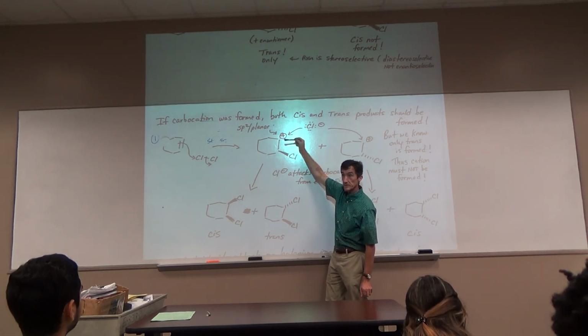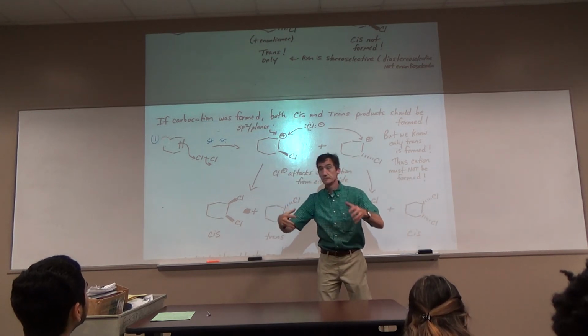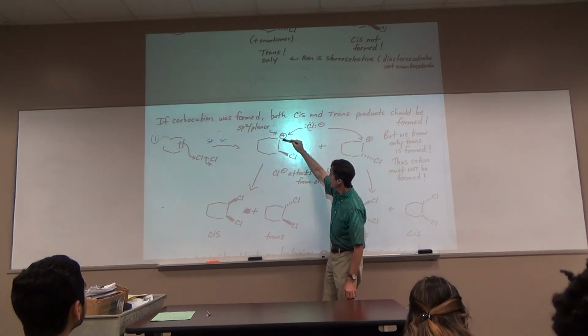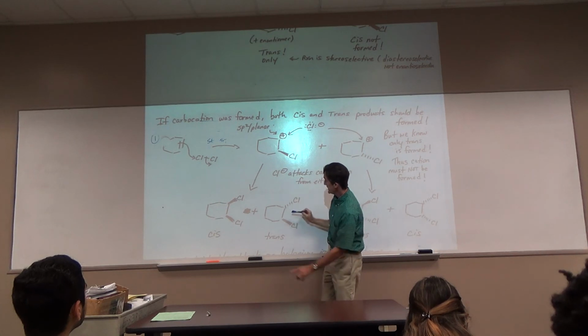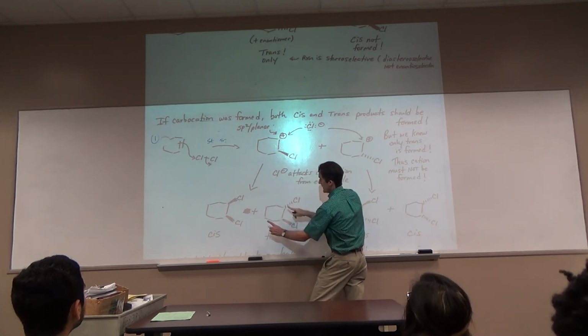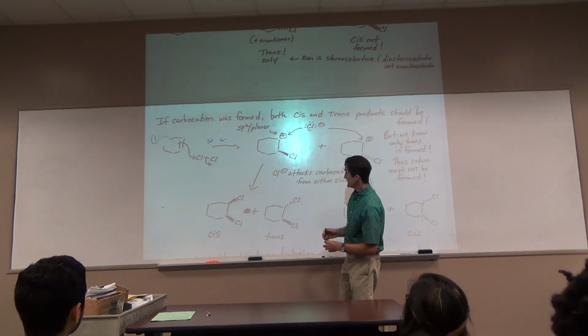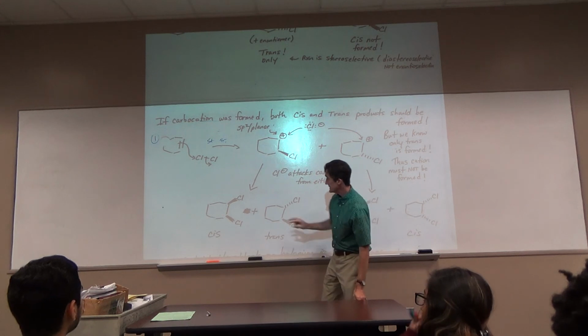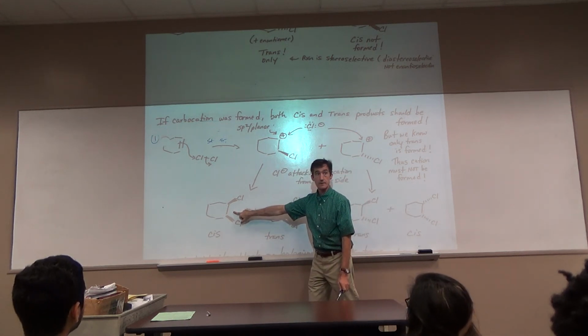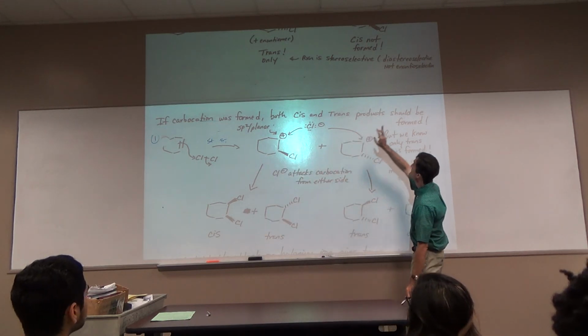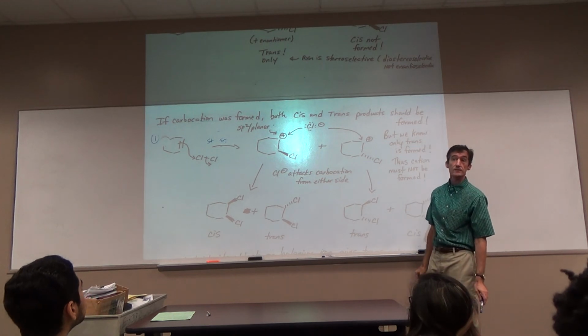Both sides, right? We did this last time, piece of paper, both sides. Attack from both sides. So if this was the case, we should end up with this bolded, but these should be either way, front or back. But if this was the case, we would be getting some cis product. But I told you above, you don't get any cis product.